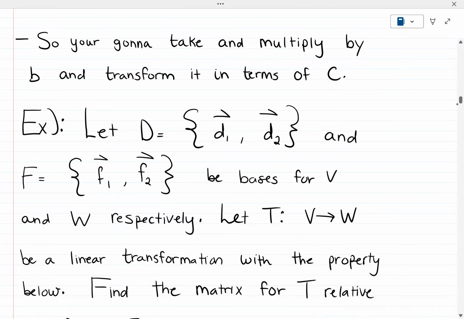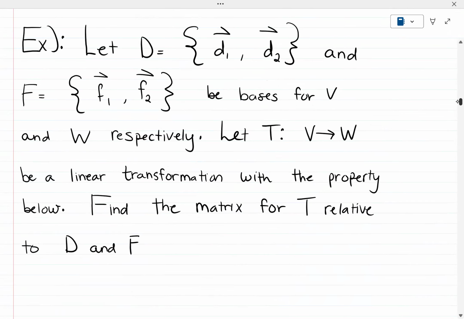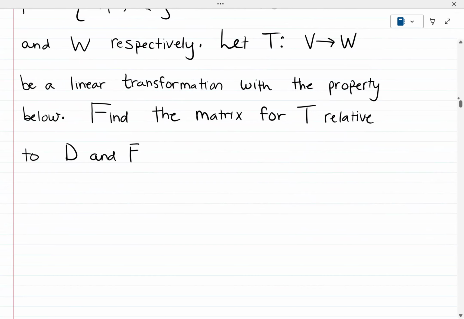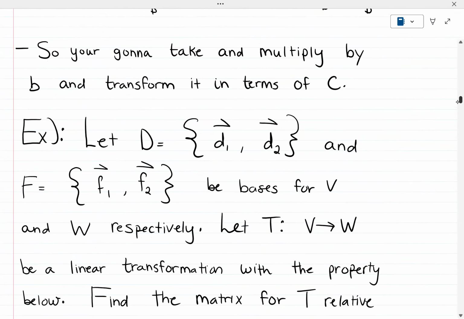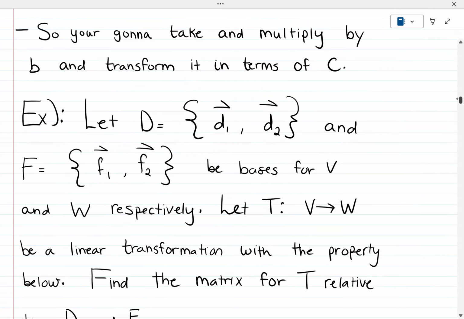So here's an example. Let D equals {d1, d2} and F equals {f1, f2} be bases for V and W respectively.